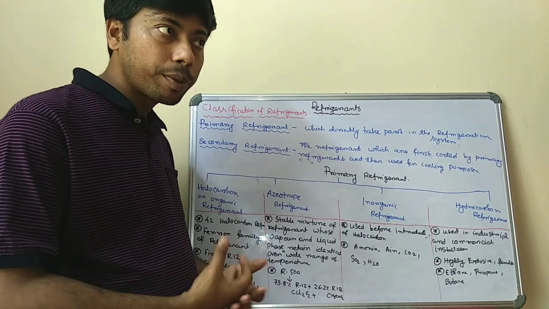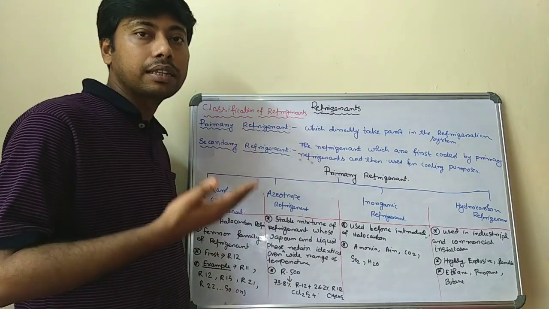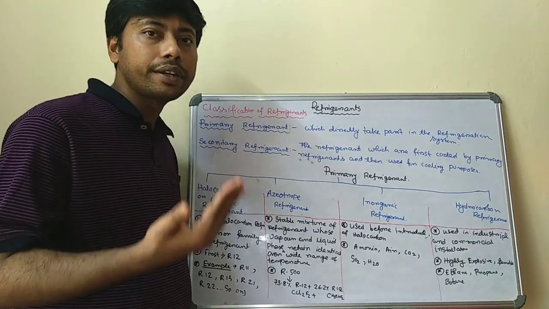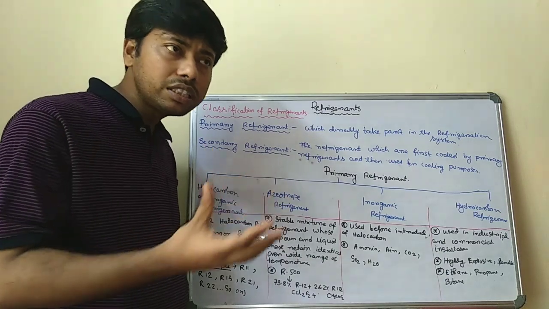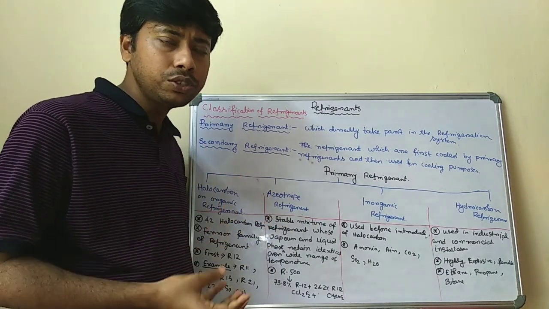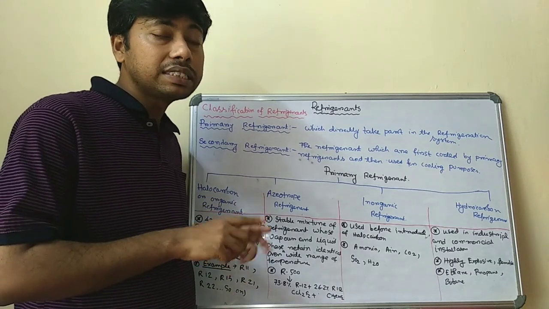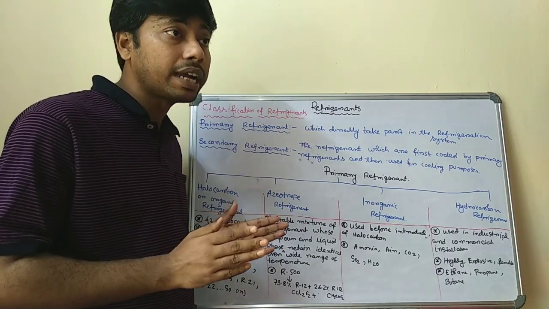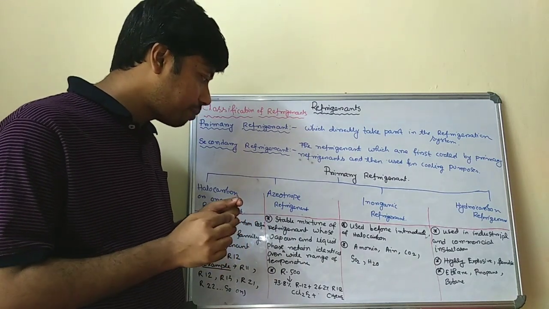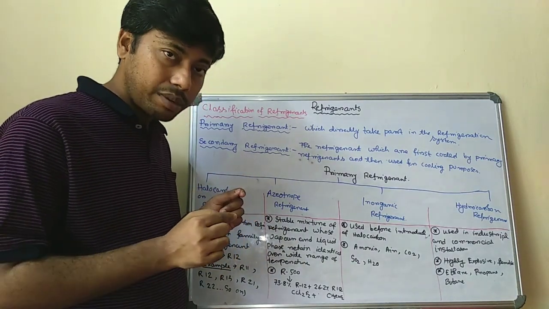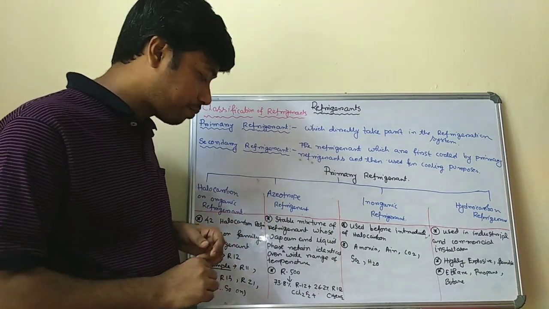The properties, such as chemical, thermal, boiling point, critical pressure, critical temperature, and thermal conductivity, can be enhanced because these are two mixed refrigerants. More importantly, they maintain a stable mixture throughout a wide range of temperature. This is the important point.